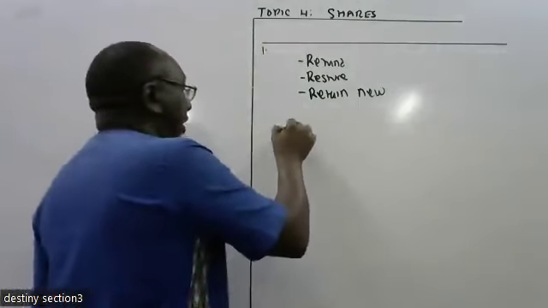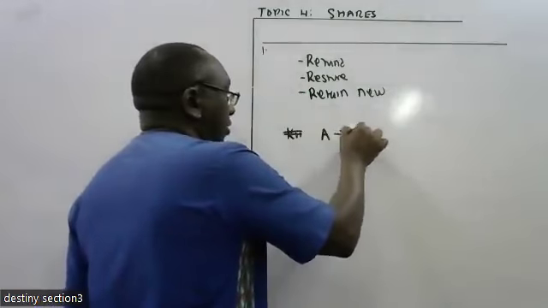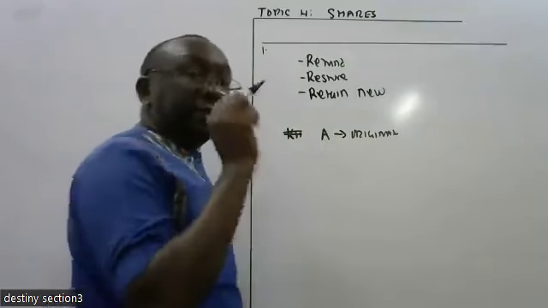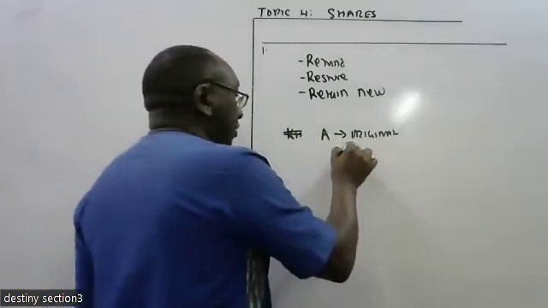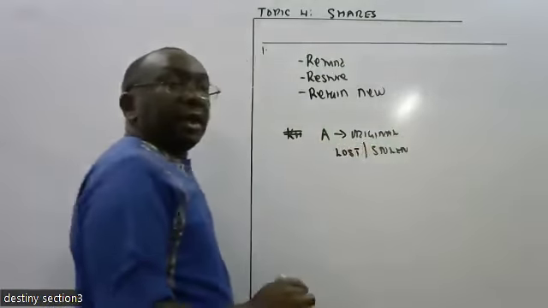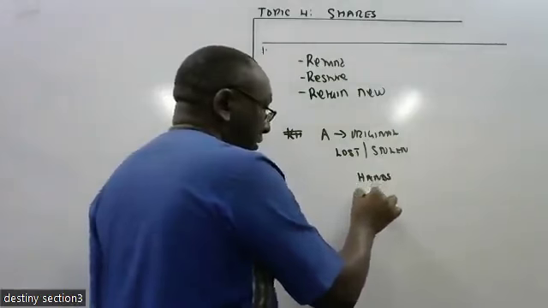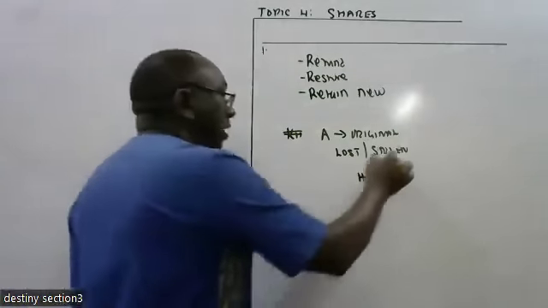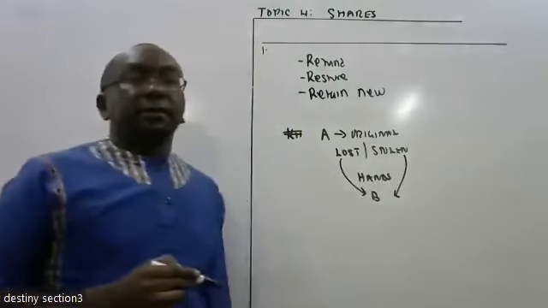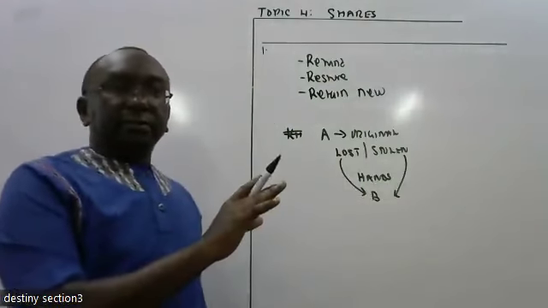Let's not use names. A is the original owner. His certificate has either been lost or has been stolen, and it is now in the hands of B. Now B either stole or found it. It was lost and he found it, so he did not initiate the stealing.